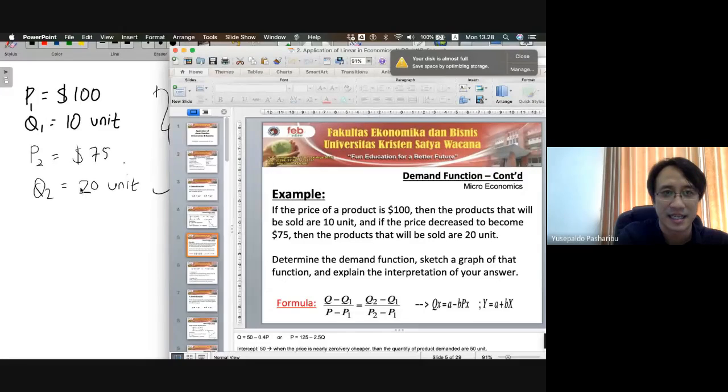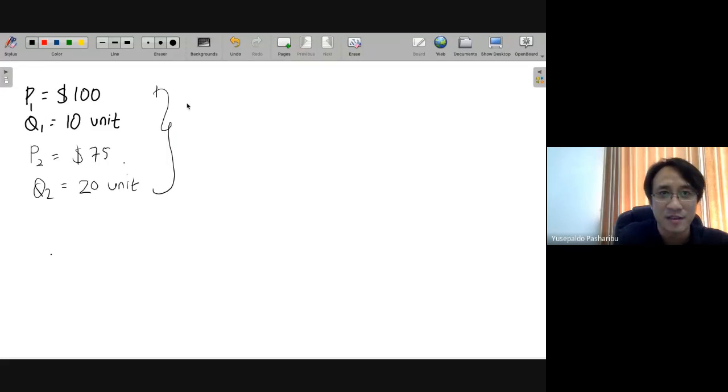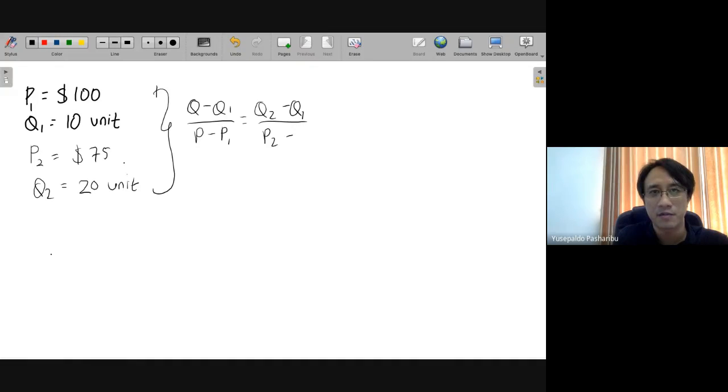Okay, let's try to find out the result. Q2 minus Q1, P2 minus P1. Use this information to be filled in this formula.